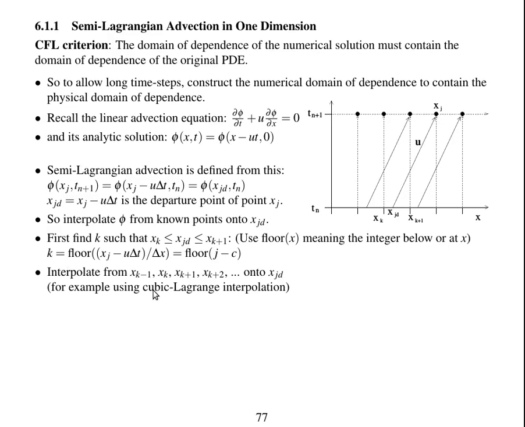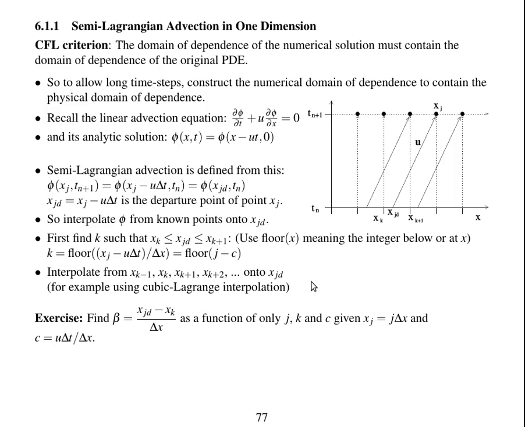And then we need to interpolate from the surrounding points. For example, you might use 4 of them onto xjd. If you're using 4 surrounding points, you could use cubic Lagrange interpolation. Another exercise: in order to do this interpolation, you'll need to know whereabouts in this range xjd is. So you can use an interpolation parameter beta, which is defined as xjd minus xk divided by delta x.